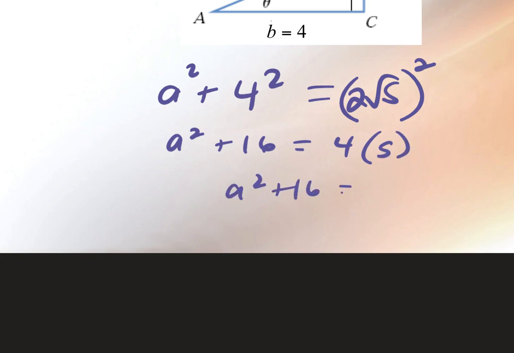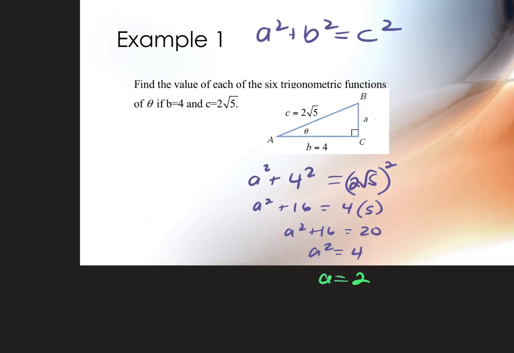A squared plus 16 equals 20. A squared equals 4. And a equals, now, technically, this answer is plus and minus 2, but a side length can never be negative. So that is a 2. A side length of a triangle, not inside the circle, but any.